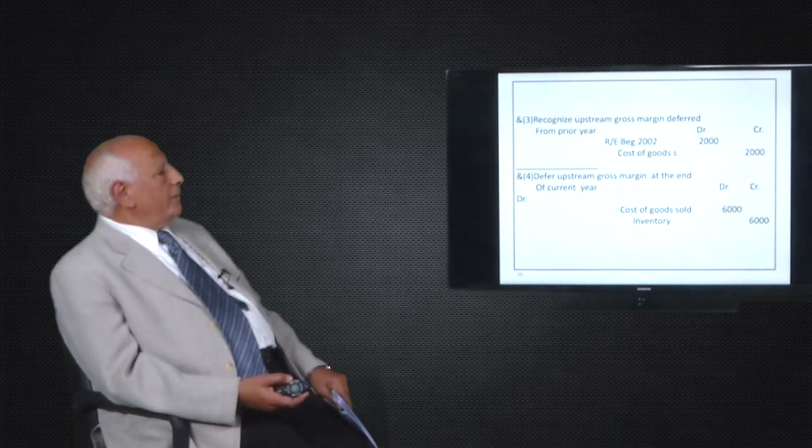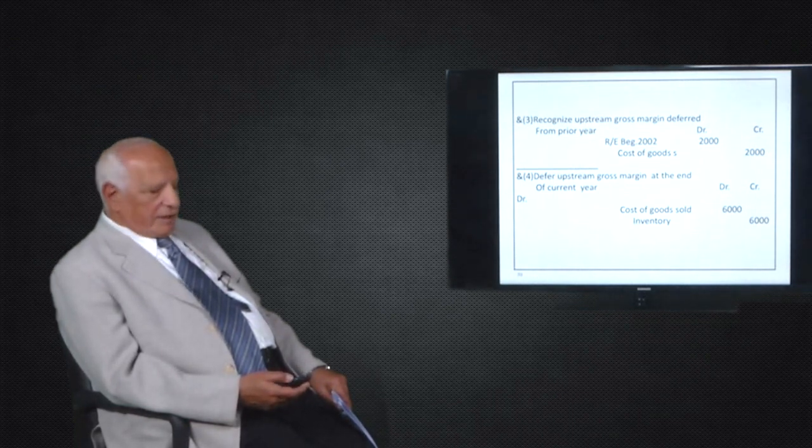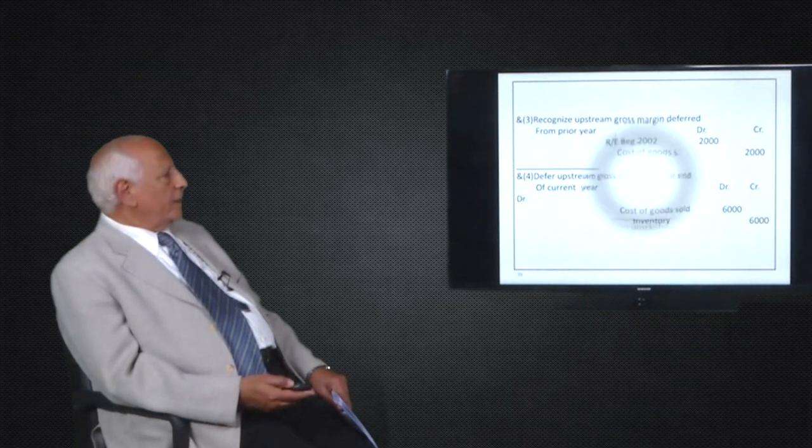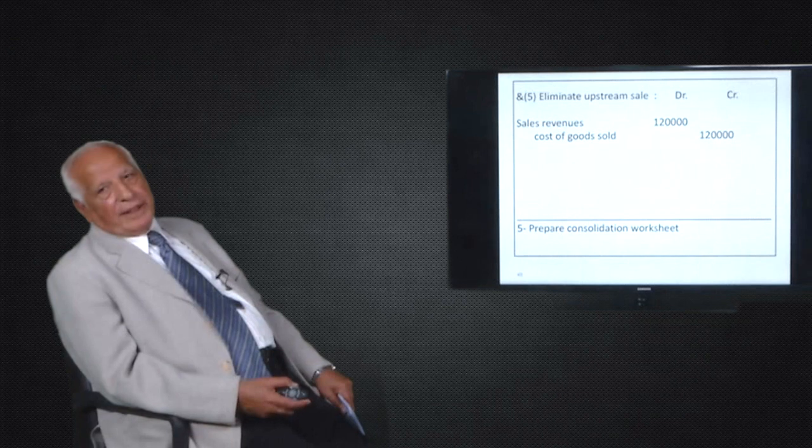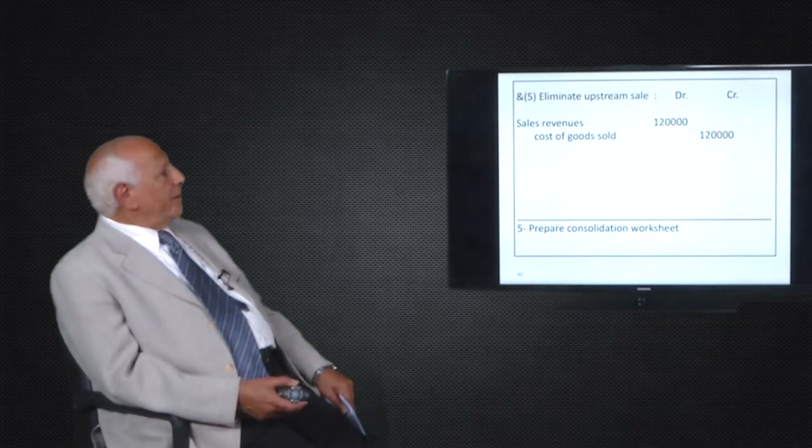Defer upstream ending of the current year: cost of goods sold, 6,000, credit inventory, same entries, debit and credit. Eliminate upstream sales, again upstream sales revenues and cost of goods sold. Sales revenue, make it debit, 120,000. Cost of goods sold, make it credit, 120,000.